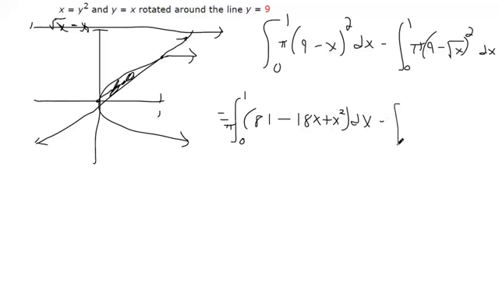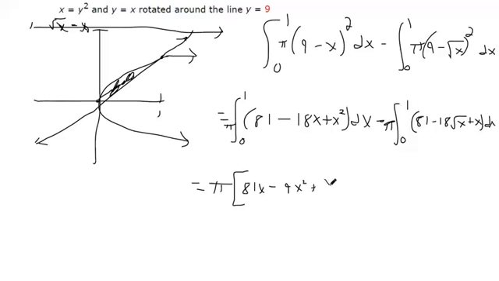If we do the same thing over here, factor out the pi, that's 81 minus 9 square roots of x, so that's minus 18 square roots of x plus x. And then integrating term by term, it's 81x minus 9x squared plus x to the third over 3, from 0 to 1.